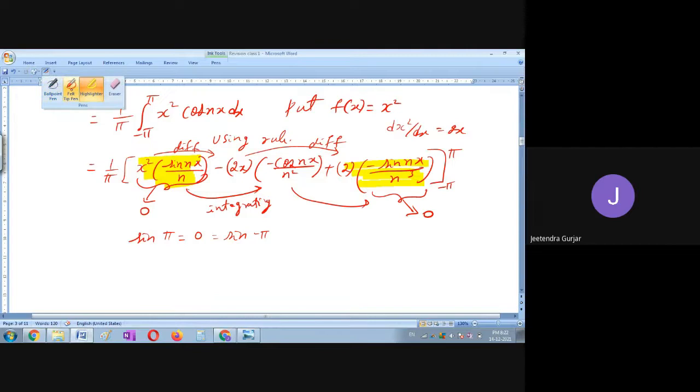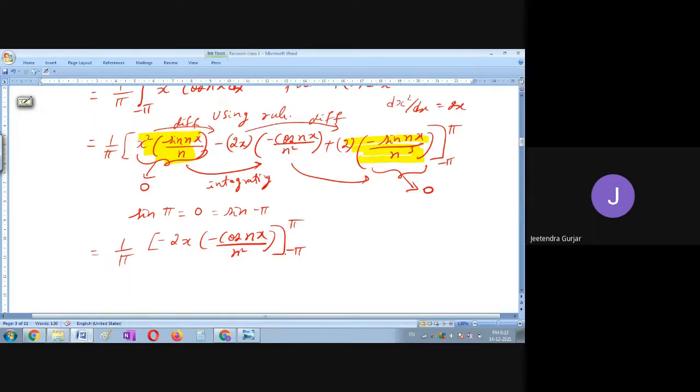So what remains is only this part, that is this is equal to, I will take 1 upon pi. Here you can see minus 2x and minus cos nx upon n square is remaining under the limits minus pi to pi.